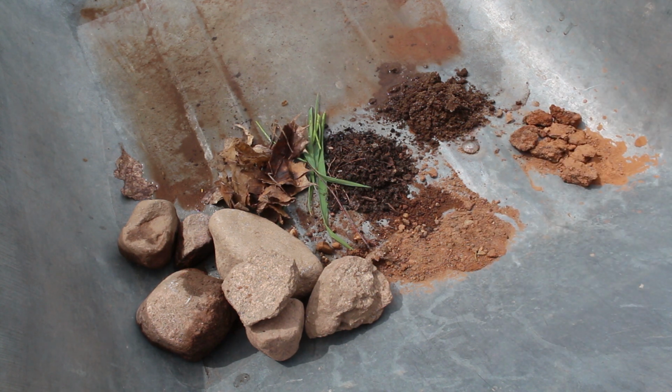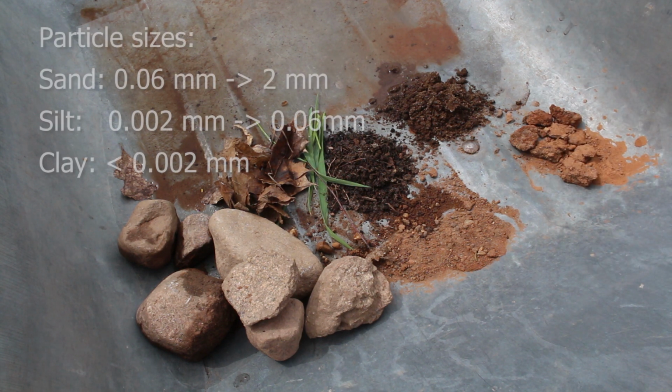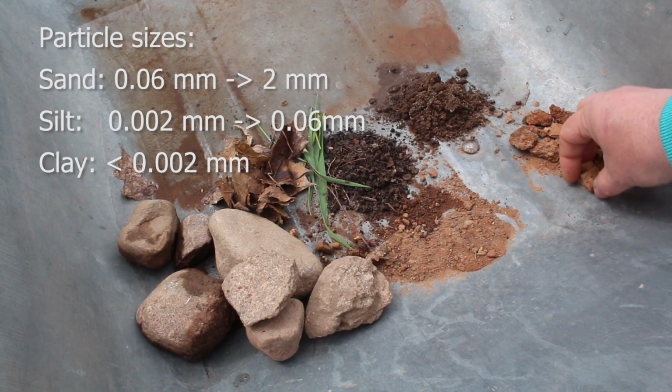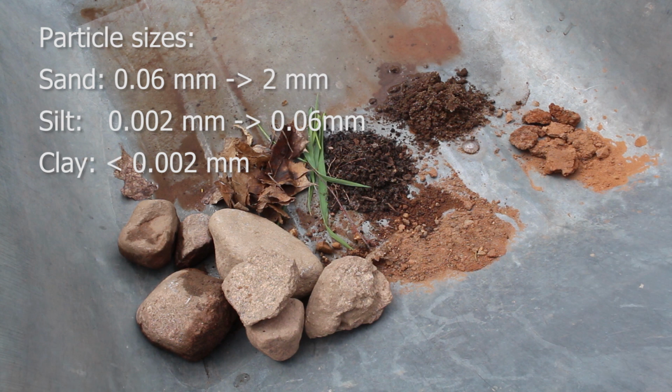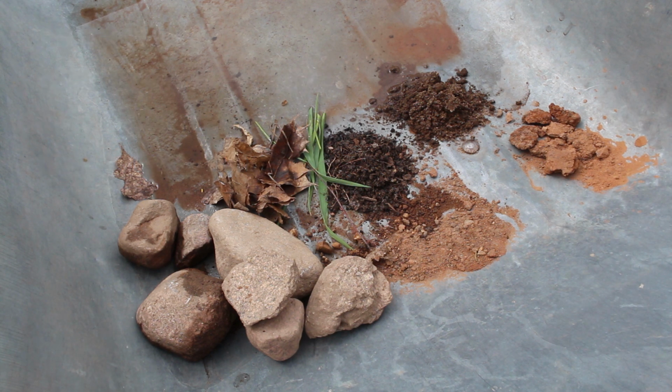Essentially it breaks down into three components: sand, silt and clay. We have a little bit of clay here, which is found on our property, but predominantly the soil on our property is very rich in sand, and it's often called a sandy loam.